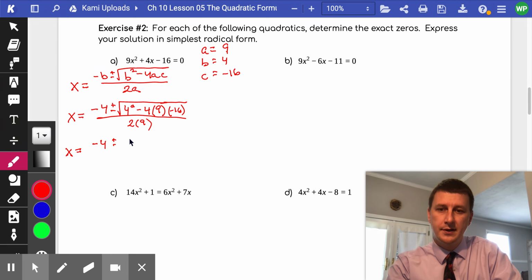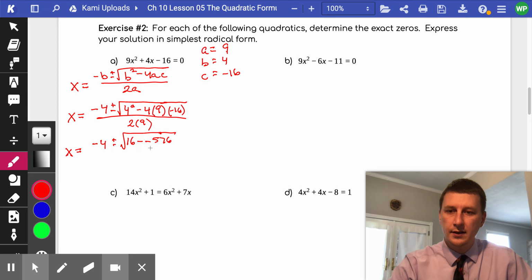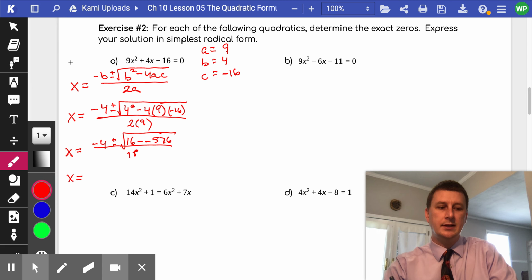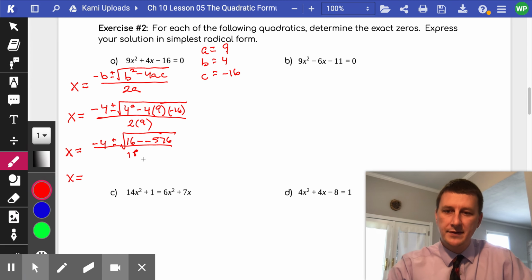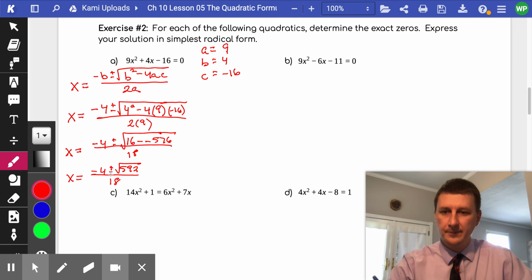Oh, negative 16, so it will be plus or minus the square root of 16 minus negative 576 all over 18. Now again, we could simplify that one more time because 16 minus negative 576 is really 16 plus 576. So we're going to get negative 4 plus or minus the square root of 592 over 18.